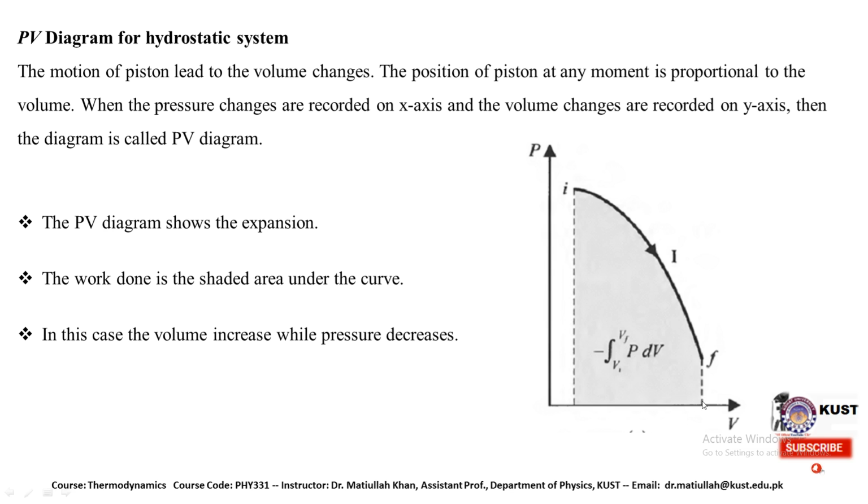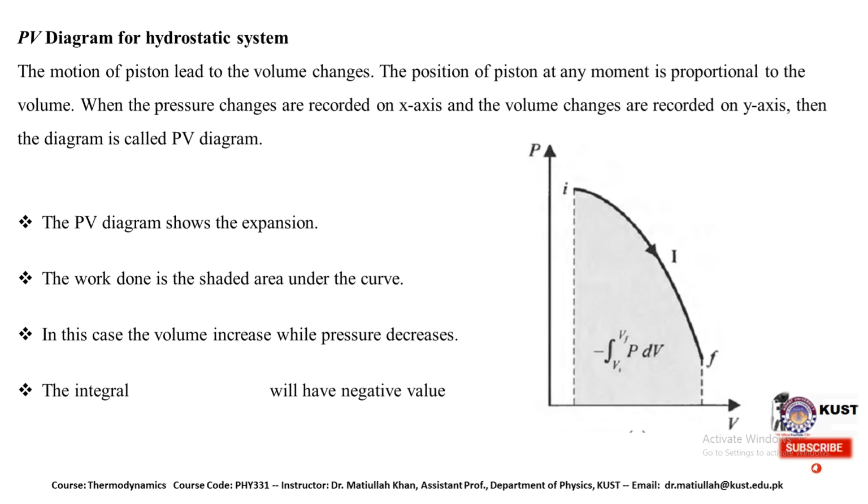This is work done by the system, and that is why this work done is negative. The volume of the system increases, but the pressure is reduced. You see, this is the initial pressure and this is the final pressure. This is the first part of the work, and the work done is given by the area under the curve. The shaded area gives us the work done.